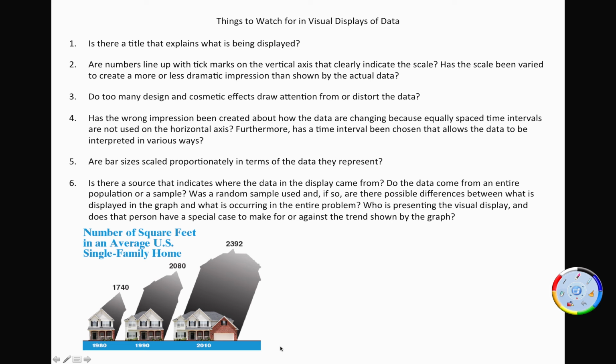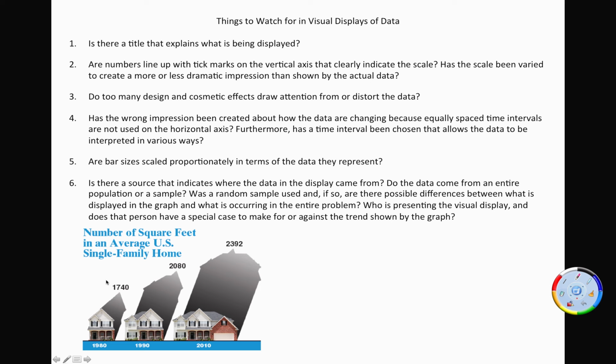There was a greater increase in area from 1980 through 1990. Look at this, 1740 to 2080 square feet, averaging 34 square feet per year. But from 1990 through 2010, it only averaged 15.6 square feet per year.